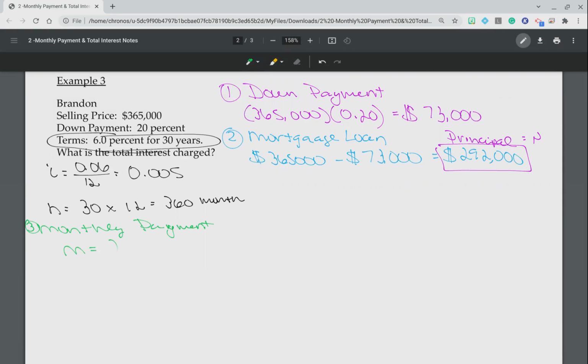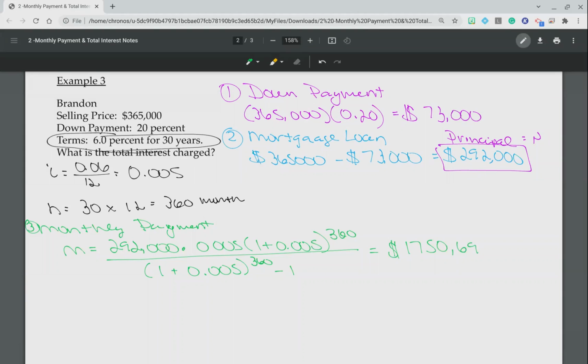So my P, I said, was $292,000 times I times 1 plus I to the N divided by 1 plus 0.005 to the N minus 1. So type that in your calculator, and you should get that your monthly payment is $1,750.69.